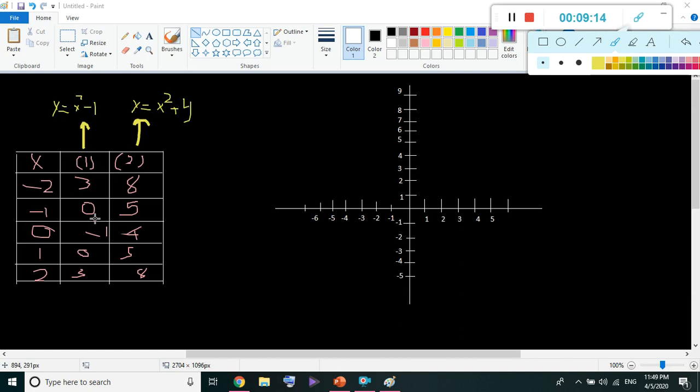So it means that the values here are the answers for the values of y for the x values, and here are the answers of y of this equation for the x values.